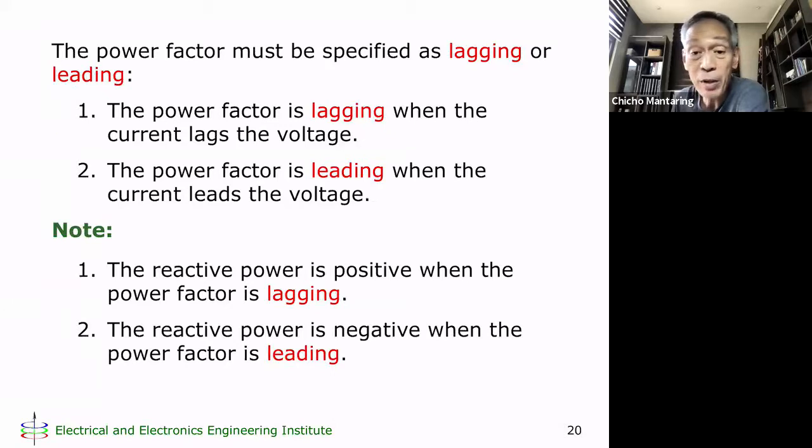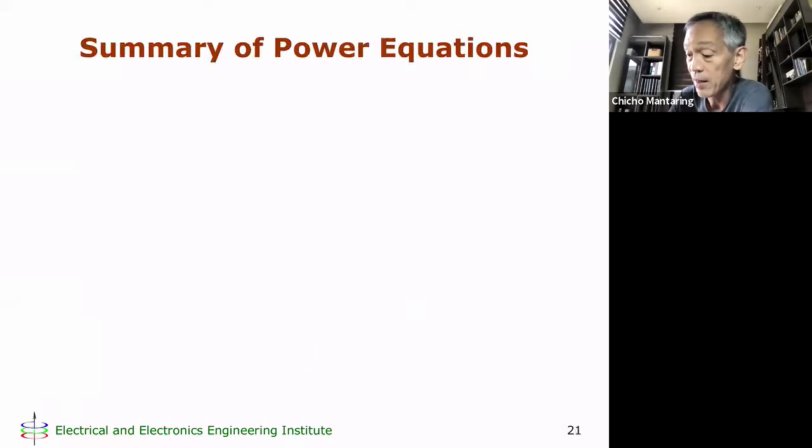When the reactive power is negative, then the power factor is leading. And that happens when you have a capacitive circuit. Okay, so everything that I just talked about boils down to this summary. This is really what you have to know.